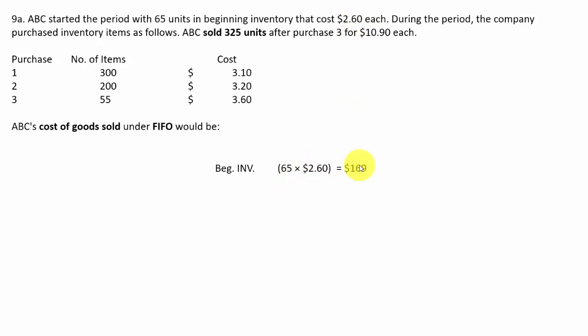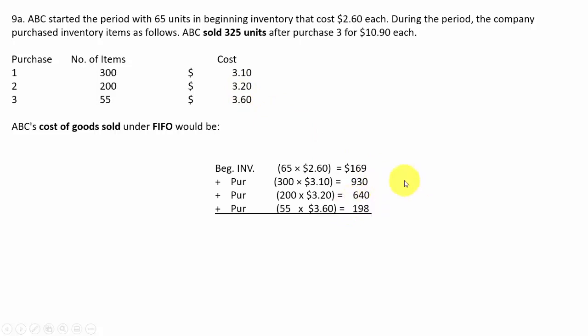And then we've got purchases of 300 units at $310, which is going to be $930. Another set of purchases of 200 units at 320, which is 640, and we have another set of purchases of 55 at 360, which is 198. Now those are all the things we purchased.